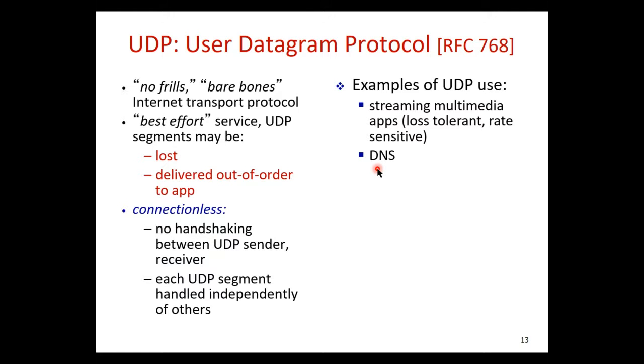Now, another case of application where you may want to use UDP is if you just have a simple short query response transaction. Just send a short query, get a short response.